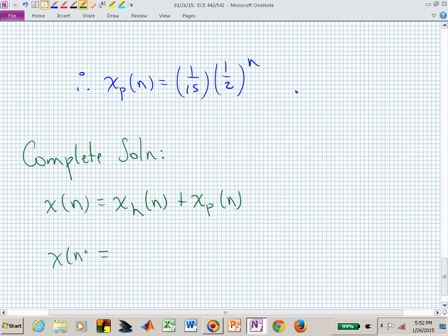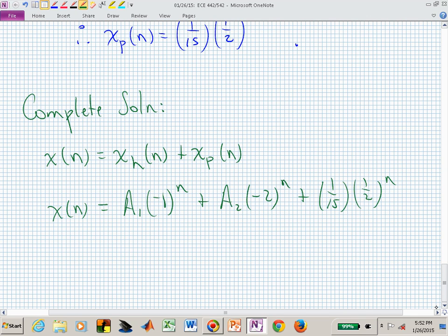Or x of n is now a1 minus 1 to the n plus a sub 2 minus 2 to the n plus 1/15, 1/2 to the n. And we could now use our initial conditions to solve for a1 and a2.